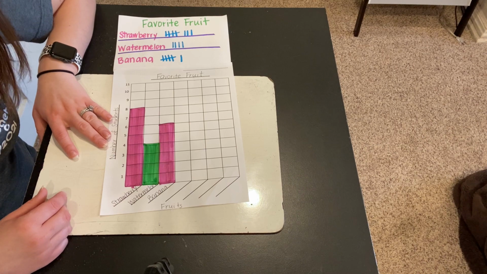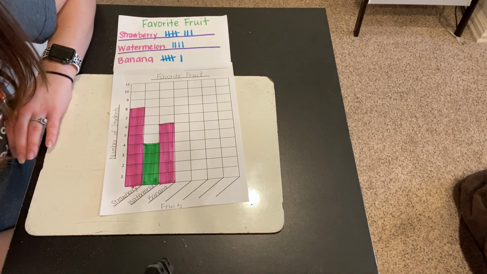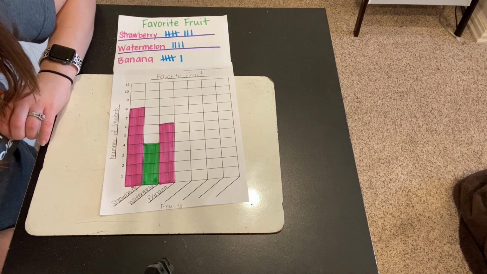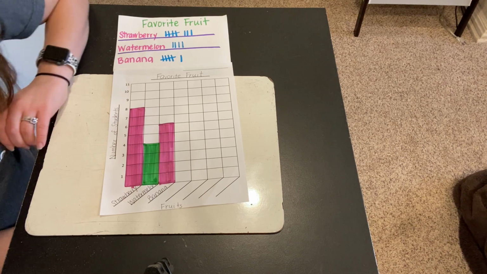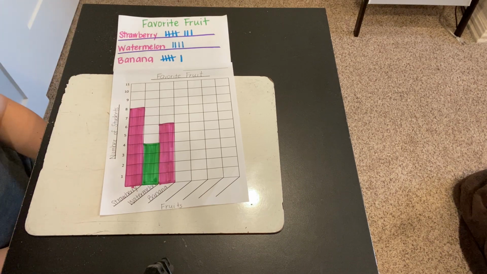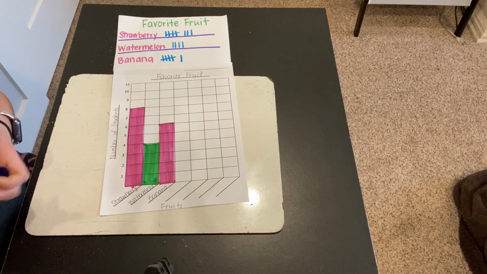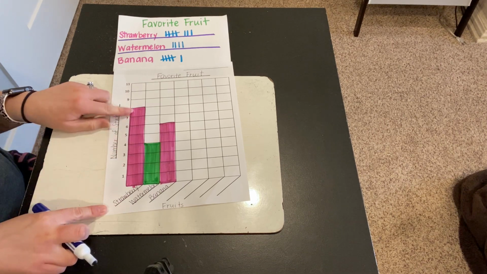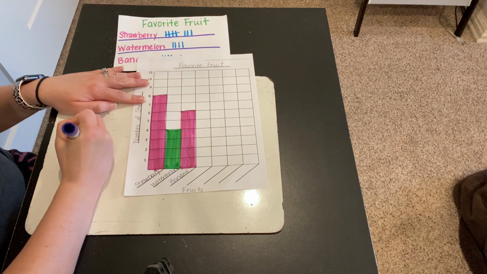Last question about this graph. How many more students chose strawberries than bananas? Press pause if you need time to think about this. Okay, so to figure out this problem, you should have looked at the strawberries and seen that there were 8 strawberries.